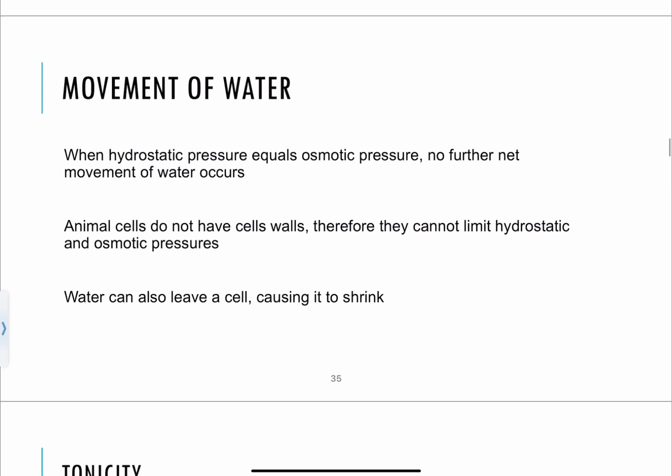This is just a little bit of an overview, not super important unless you're taking principles in biology, because we don't have cell walls like plants do. But when hydrostatic pressure equals osmotic pressure, you're not going to have any further net movement of water. Hydrostatic pressure is the pressure exerted by water against the cell wall in a plant.